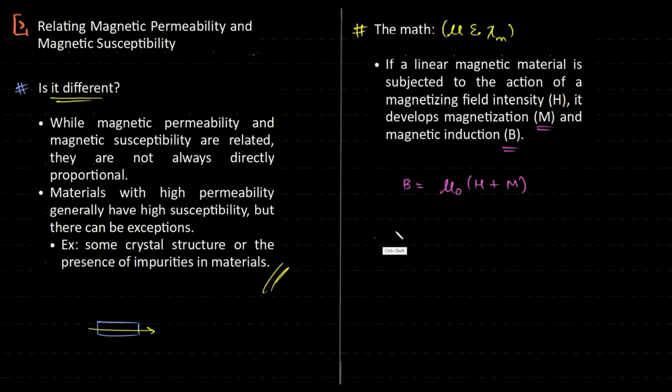Since we have to relate it to the material's permeability, the material's magnetic permeability, we need to express B as mu H. Okay. So in presence of the same field, what's happening with it? That's represented by mu H. So here, mu is the permeability of the material.